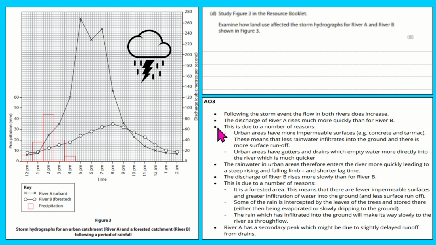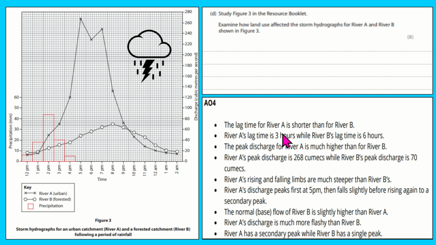You're going to be saying that the river B, the forested river, has got a much flatter rising limb and a much longer lag time. So these are things you could say. Again, these are things that we didn't cover in the video because it wasn't the content that we were looking at. But this is what you would be saying.